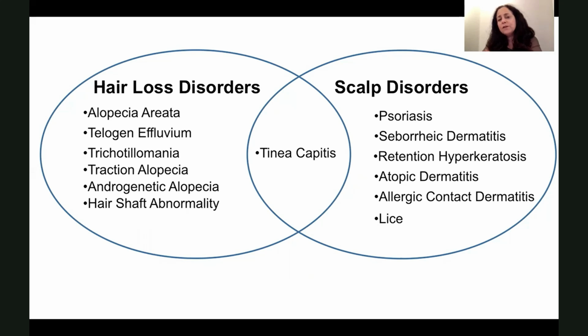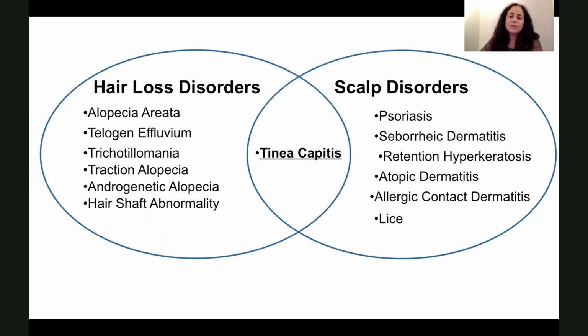But the one scenario where you might see it in those conditions, and it's quite rare, is there are some versions of psoriasis and seborrheic dermatitis that have very, very, very thick scale, and that's called pityriasis amiantacea. And sometimes hairs become entrapped in that very, very thick scale, and when the scale is lifted off, it removes hair with it, but again, it's from being trapped as opposed to a primary hair loss disorder.